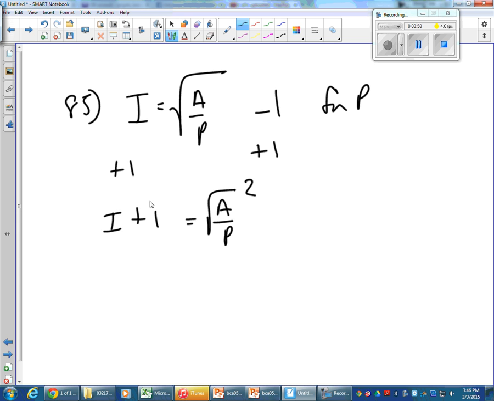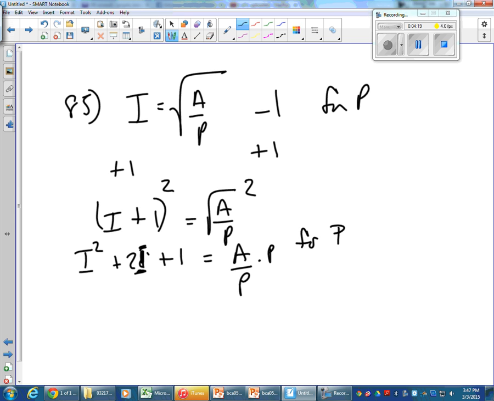And I'm going to square both sides. When you square I plus 1, you get I squared plus 2I plus 1 equals a divided by p. And we're solving for p. So I'm going to multiply both sides by p, and that gives me a equals all of this.